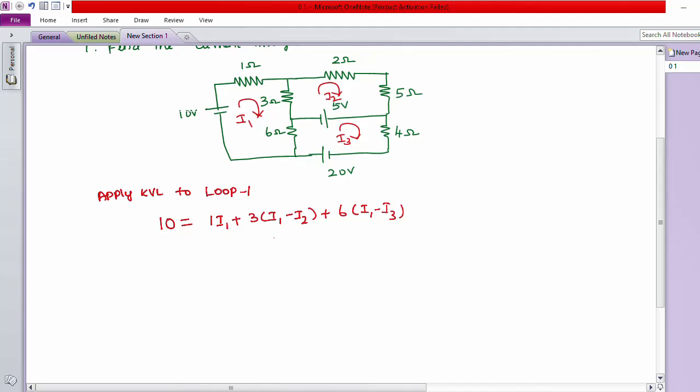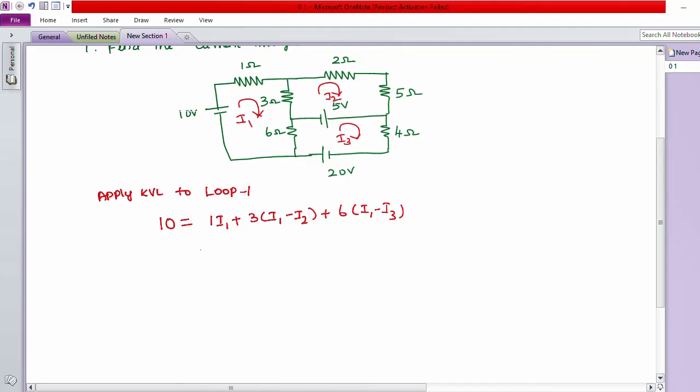We write I1 minus I2 because we are taking loop 1 as the major loop. Similarly, the 6 ohm resistor is common between loop 1 and loop 3, so we write 6 into (I1 minus I3).